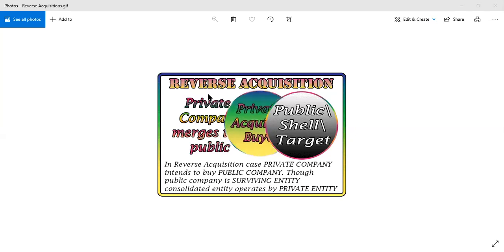Now, if we say a private company, this means that this company does not have shares issued to the public and registered through the Securities and Exchange Commission, or SEC.